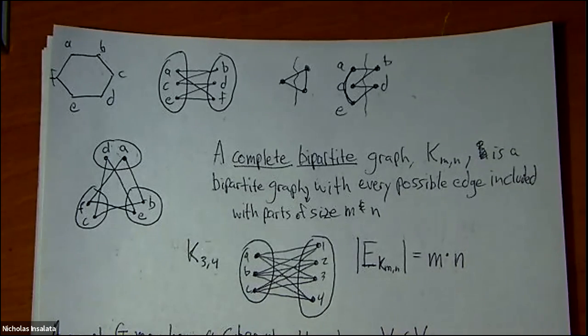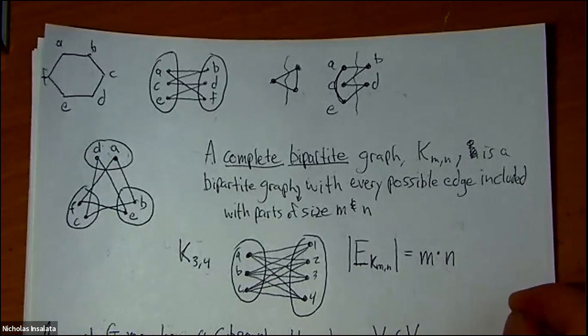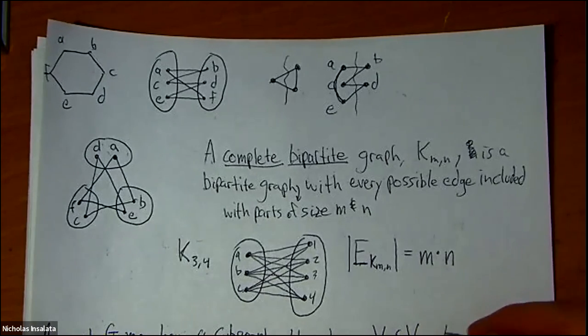The vertex set of H, the vertex set of G. The edge set of H is contained in the edge set of G.